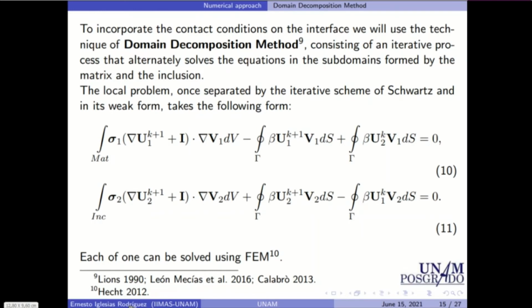In this form, we have to obtain solutions for different problems in different places, but with a common frontier, a common boundary, and this common boundary is the way in which the information will be shared in the iterative process.